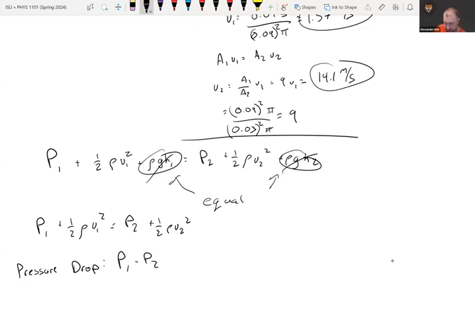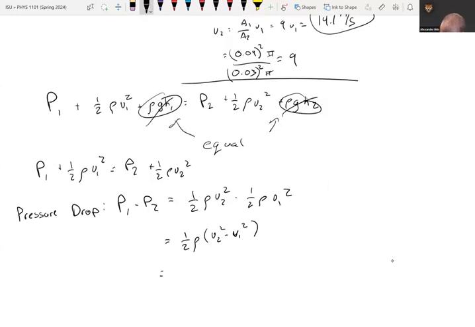That is the pressure drop. If we rearrange this equation, we subtract P2 from both sides, and we can also subtract the kinetic energy term from both sides, and we end up with 1/2 rho V2 squared minus 1/2 rho V1 squared. So this is what we're trying to calculate. We just have 1/2 rho times V2 squared minus V1 squared.